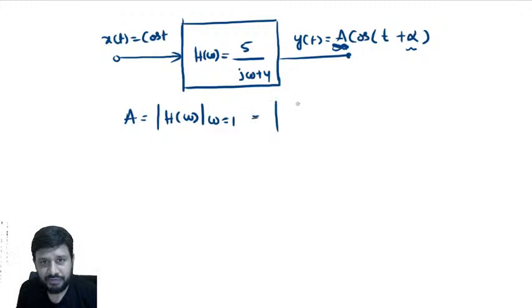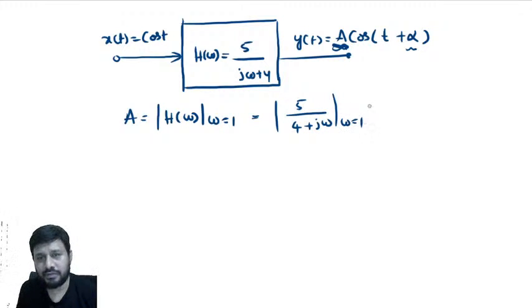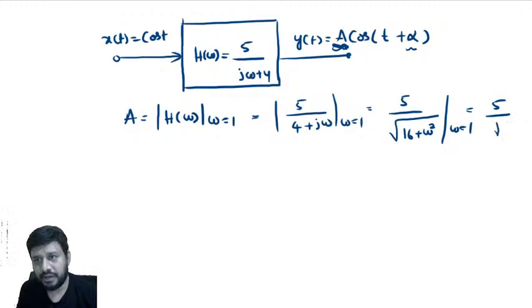This is the magnitude of 5 by 4 plus j omega at omega equal to 1, which is 5 by under root 16 plus omega square at omega equal to 1. This is 5 by root 17.